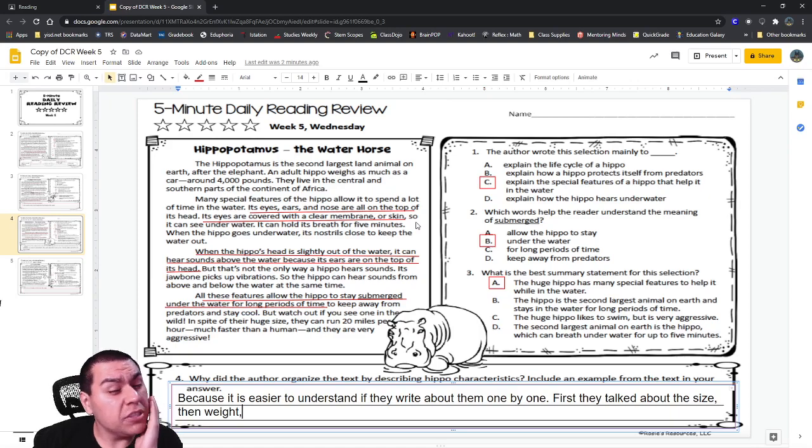So they see with their skin? What is covered with the clear membrane?